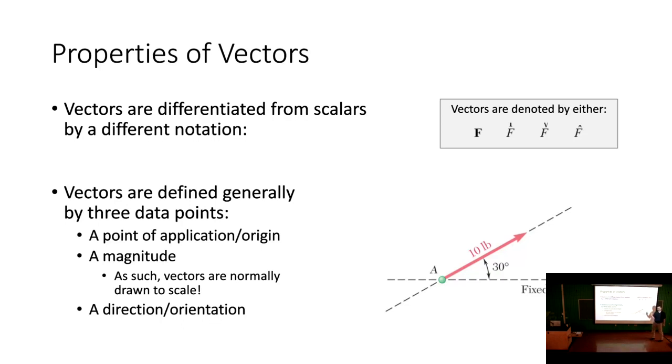We need to know the magnitude, so we'll say the magnitude is 10 pounds. And then the direction, or orientation. If you ever hear me use the term direction or orientation, I'm referring to the same thing. So this vector has a magnitude of 10 pounds and its orientation is 30 degrees counterclockwise from the horizontal axis. That is a representation of this vector.